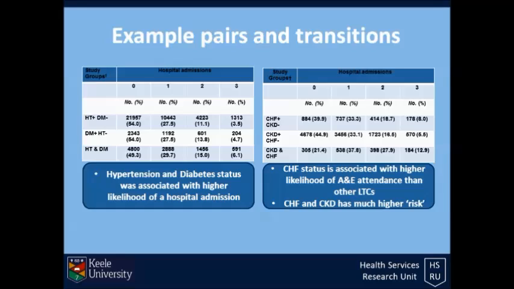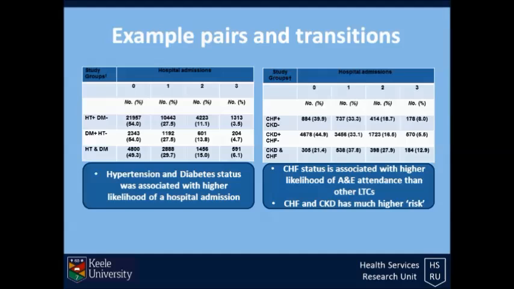But if you then looked at the diabetes without the hypertension, 46% had hospital admission. So if you have hypertension, diabetes, you're more likely to have a hospital admission. And if you had hypertension without diabetes, 46% had hospital admission. So having the multimorbid pair is associated with more likelihood of transition in care for hospital admission.